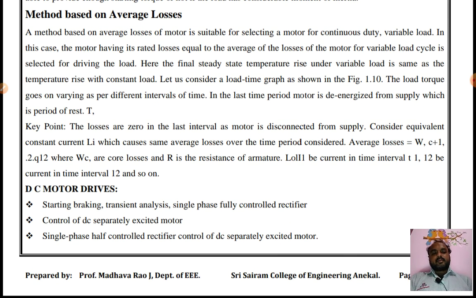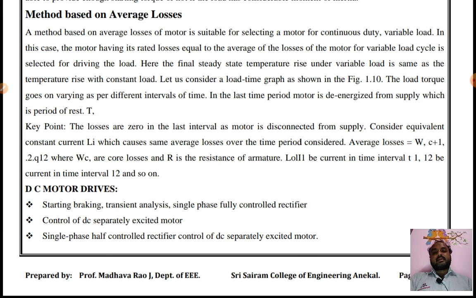Next one, method based on average losses. So what type of method are we using? A method based on average losses is suitable for selecting a motor for continuous duty variable load. That is, the average losses will occur.